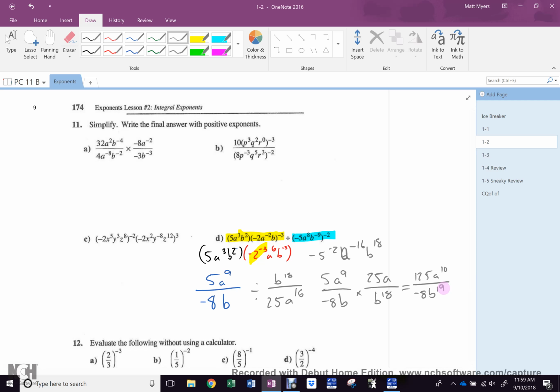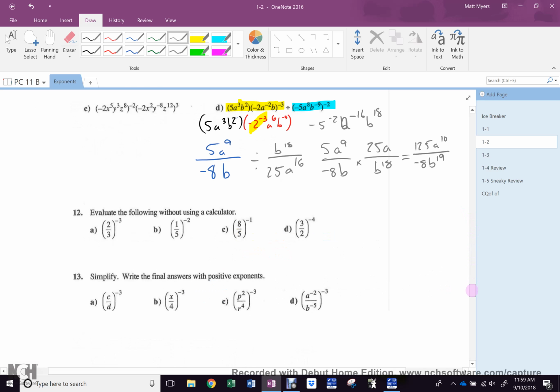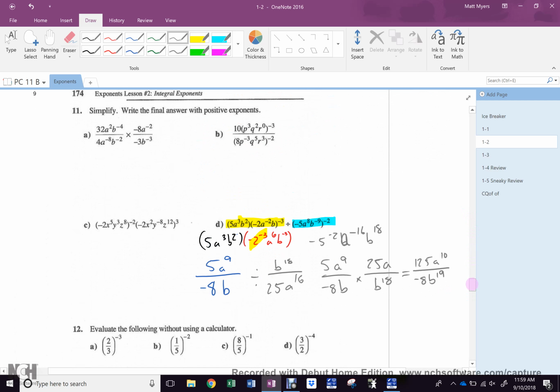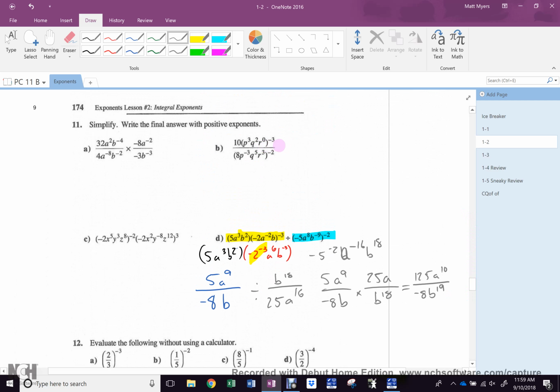Good? Anything else from 9? 11b. Same thing, except you got to be careful. This negative 3 only applies to the letters. It doesn't apply to the 10. So the 10 is staying there. P is going to become negative 9.